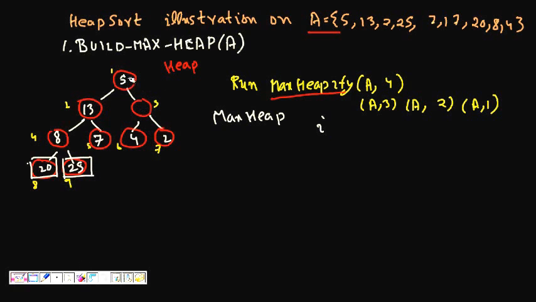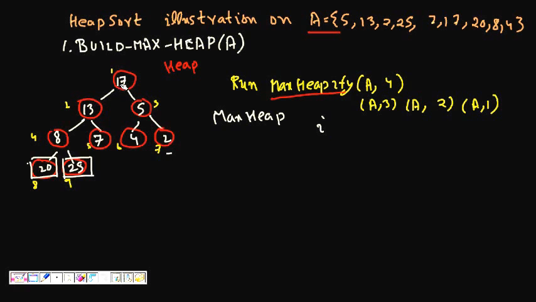So 17 comes here, 5 comes here, and then 5 is greater than 4 and 2, so this is done. So again it is a max heap after max-heapify, and now i is 7. Okay, so i is 7 now, and we have 17 here.